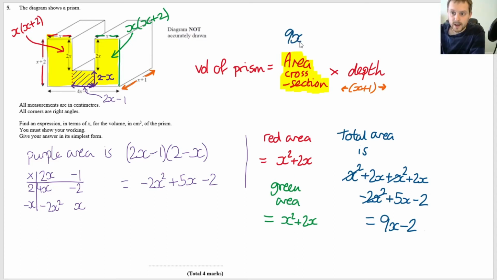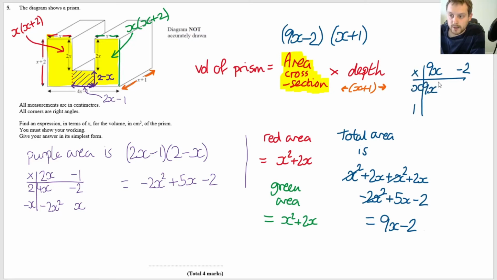So this is 9x minus 2. And then I've got to times that by the depth. So it's just one last grid method. So I've got 9x and minus 2, and I've got x and I've got 1. So I've got 9x squared minus 2x plus 9x minus 2.